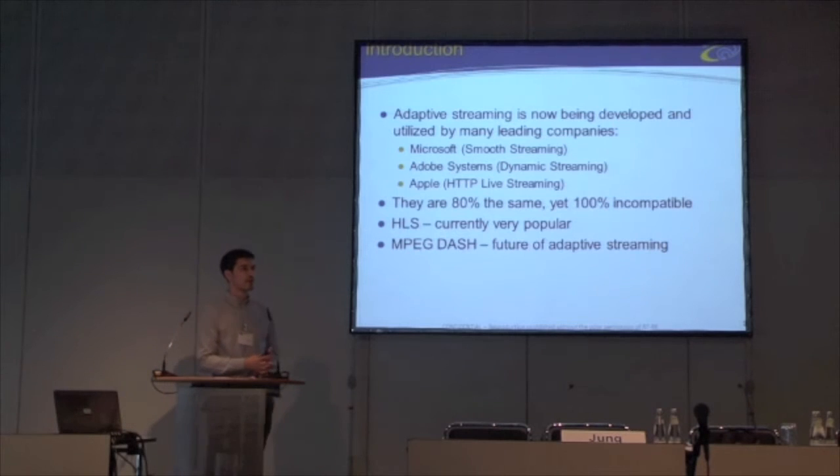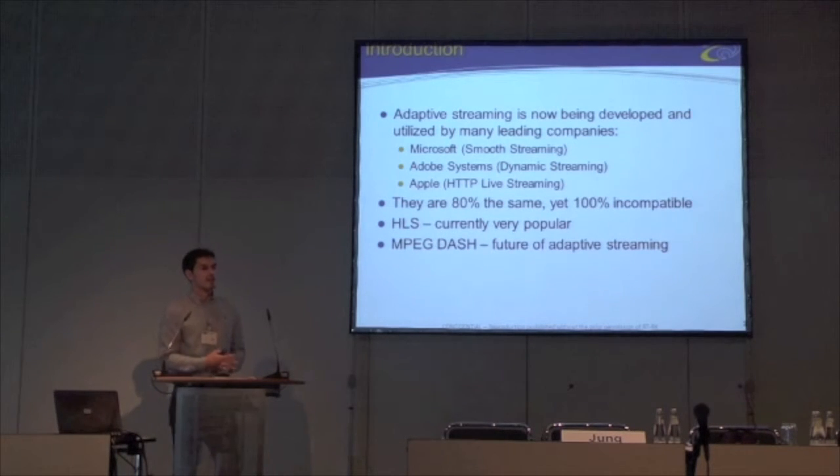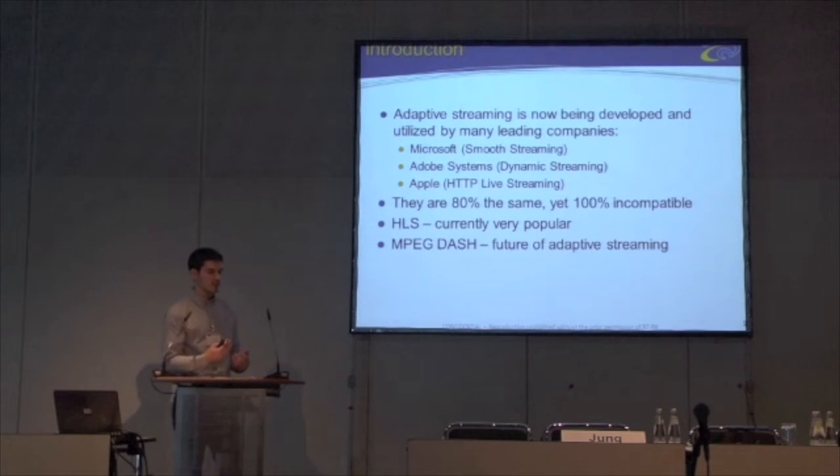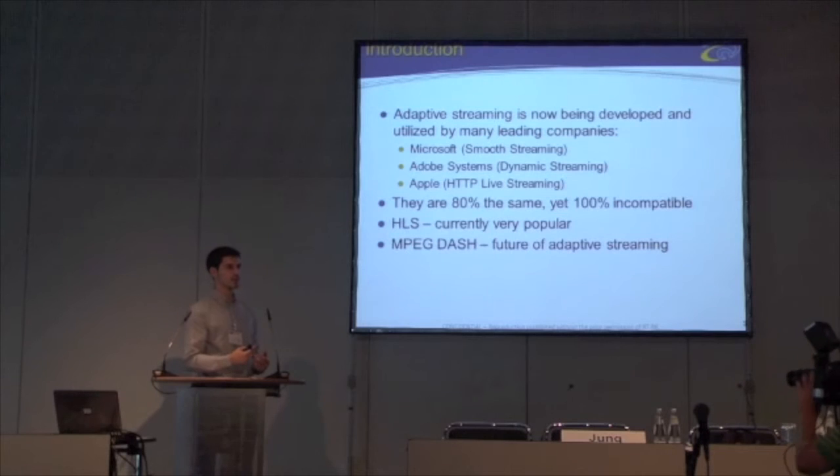Adaptive streaming is now being developed and utilized by many leading companies. Some of them are Microsoft, Adobe Systems, Apple, and many more. All of these standards are very similar to each other, but they are completely incompatible, and this represents a serious problem in this area.